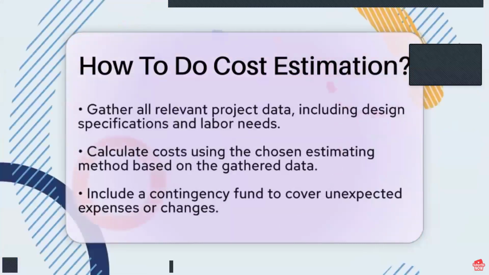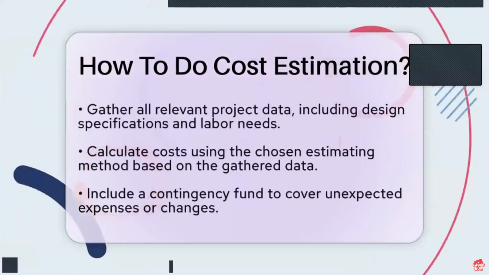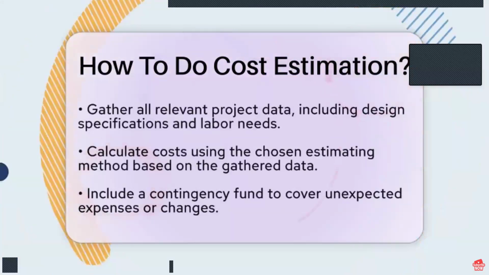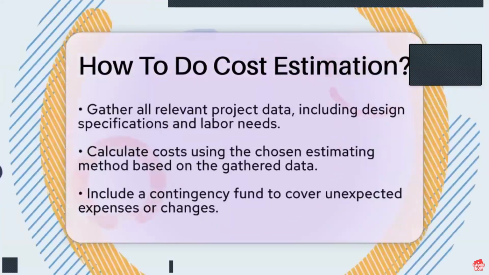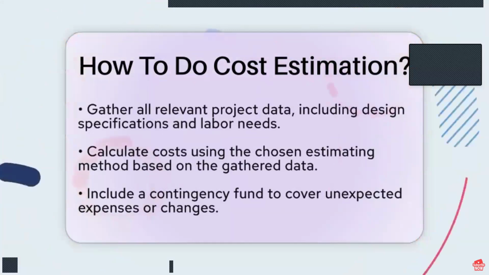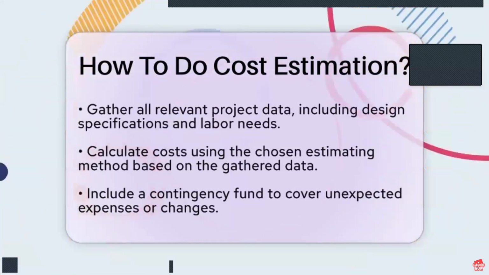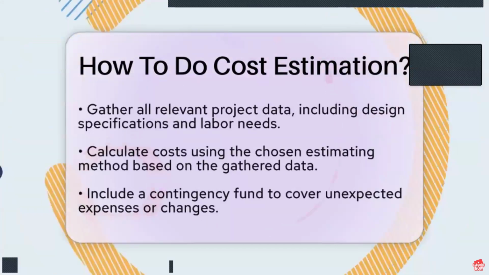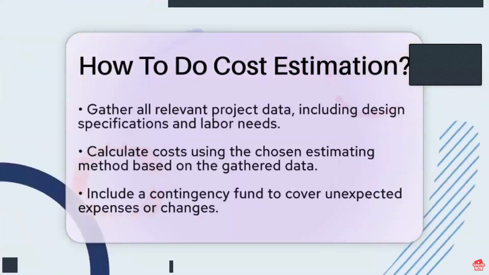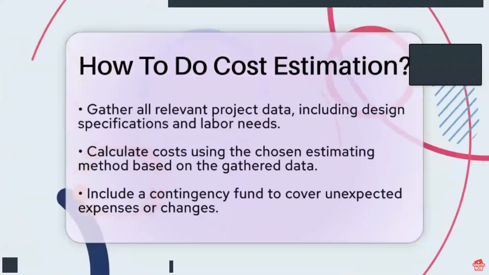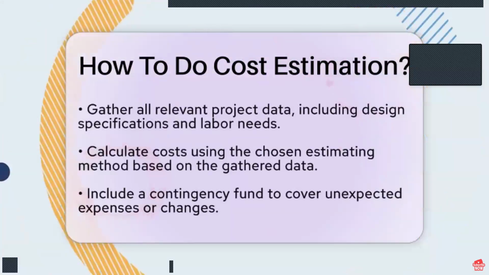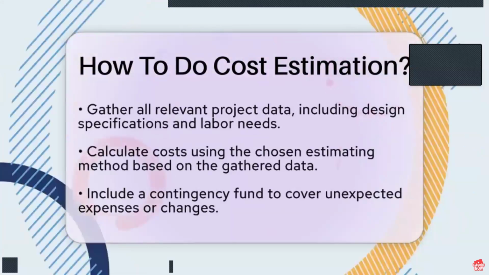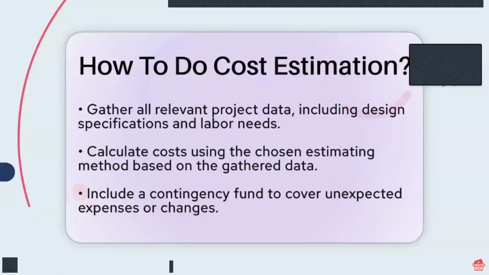For instance, if you are using parametric estimating, you would apply mathematical equations based on historical data to predict costs. Do not forget to consider contingencies. It is wise to include a contingency fund in your estimate to cover unexpected expenses or changes in project scope. This helps to avoid budget overruns later on.